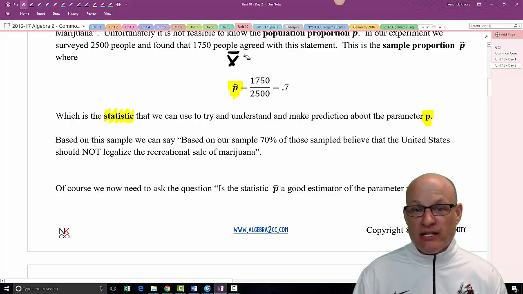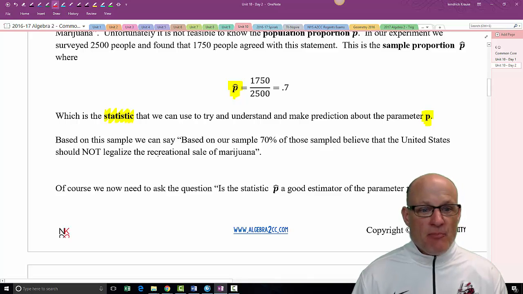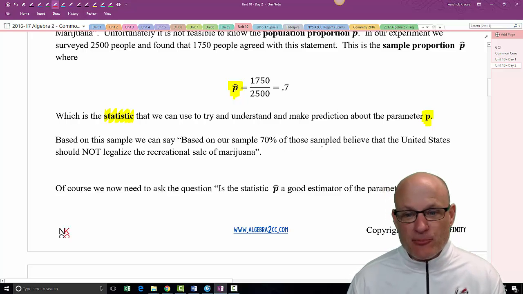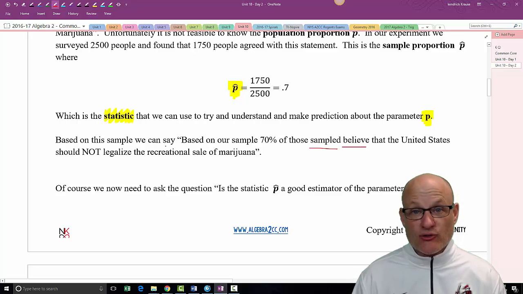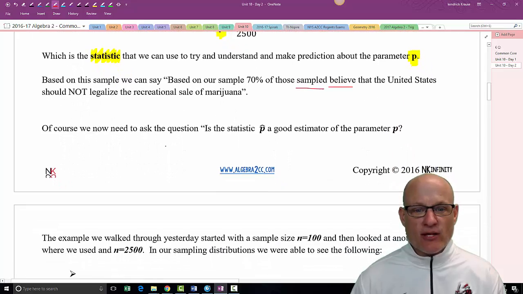But we're not working with means, we're working with proportions. So we're talking about p hat and p. Based on our sample, 70% of those sampled believe the United States should not legalize the recreational sale of marijuana. Of course, we need to ask this question.